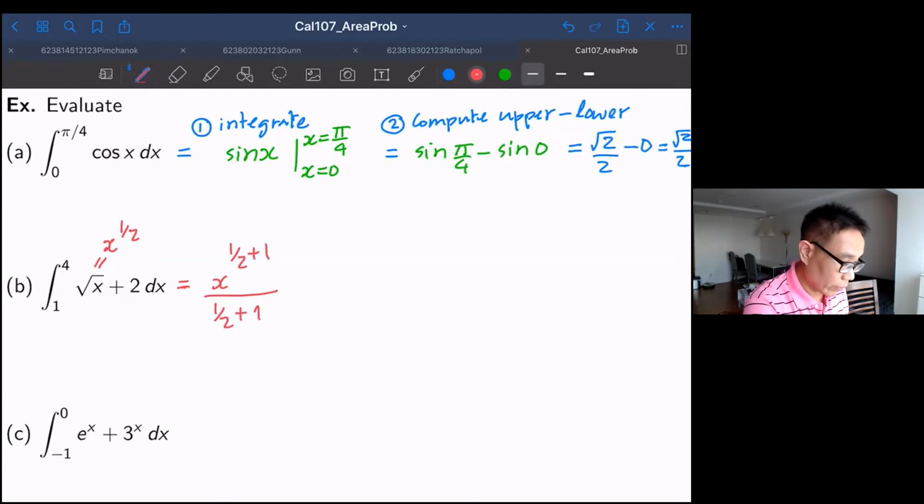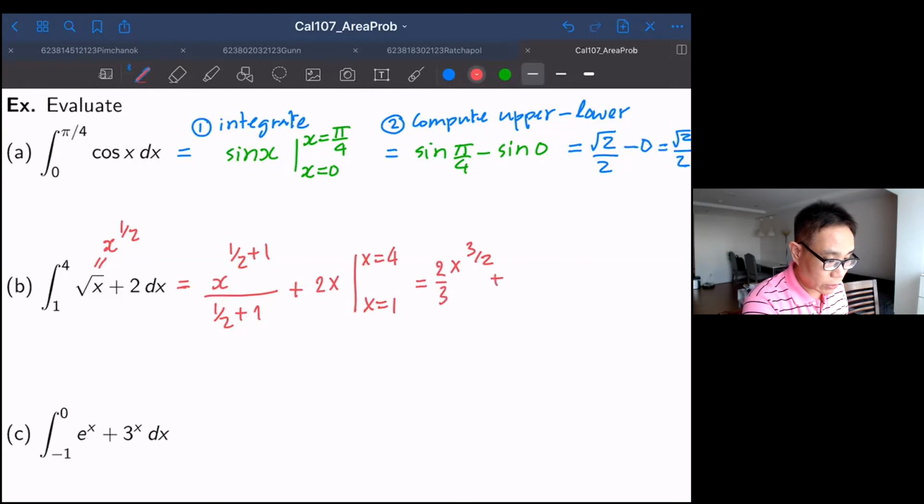And you integrate 2, you get 2x, from x equal to 1 to x equal to 4. So this will be x to the 3/2 times 2/3 plus 2x, from 1 to 4.